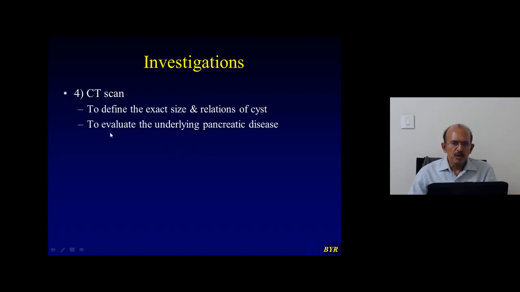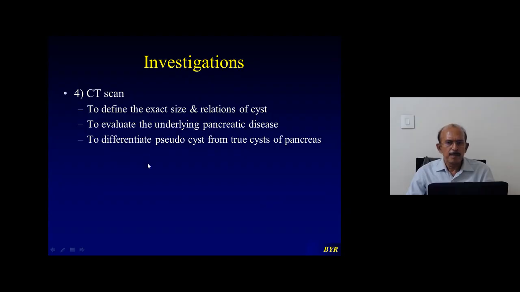CT scan is helpful to evaluate the underlying pancreatic disease. We have already seen that a pseudopancreatic cyst can develop due to trauma, acute pancreatitis, or chronic pancreatitis. Already we learned about the CT scan findings in acute as well as chronic pancreatitis. So CT scan will help us evaluate the condition of the pancreas. It also helps us differentiate pseudocysts from the true cysts of the pancreas.